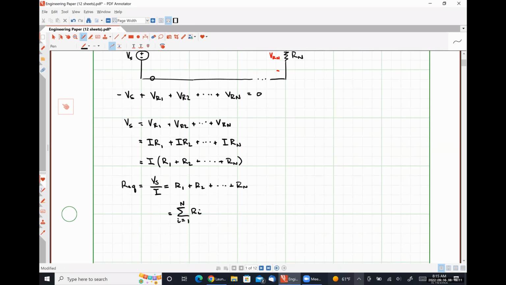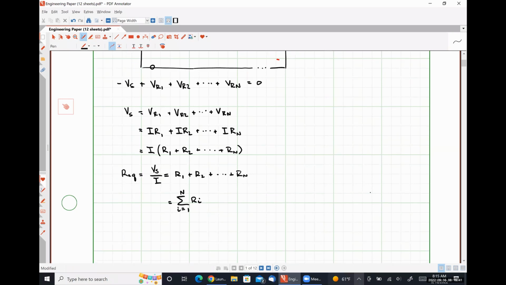So effectively, if we have resistors in series, we can combine them into an equivalent resistance simply by adding the resistor values together. Nothing different than you learned in your earlier classes, but we have a more formal approach of why we can do that now. Any questions on how we combine resistors in series? Hopefully pretty straightforward. All right, let's move along now to resistors in parallel.